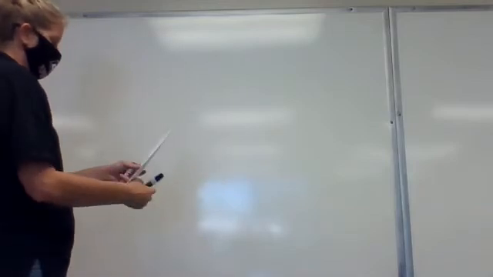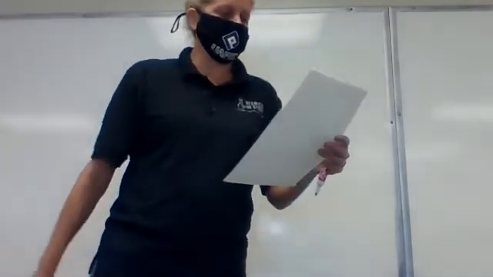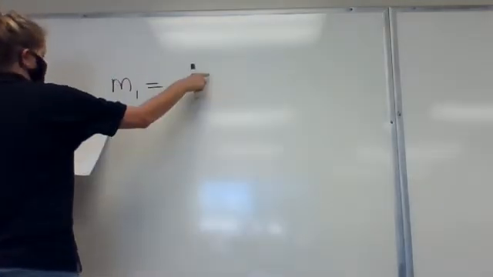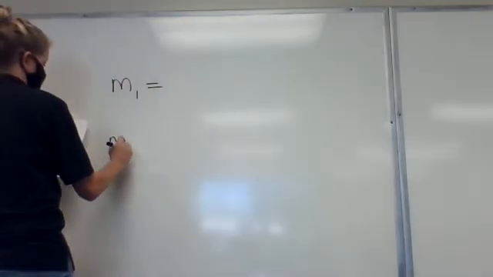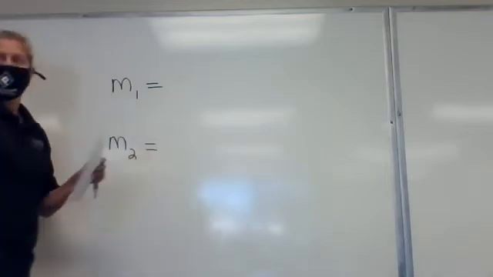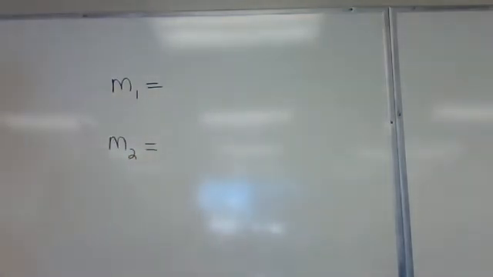Number 1 says M1 represents the slope of line 1 and M2 represents the slope of line 2. Indicate whether the lines are parallel, perpendicular, or neither.